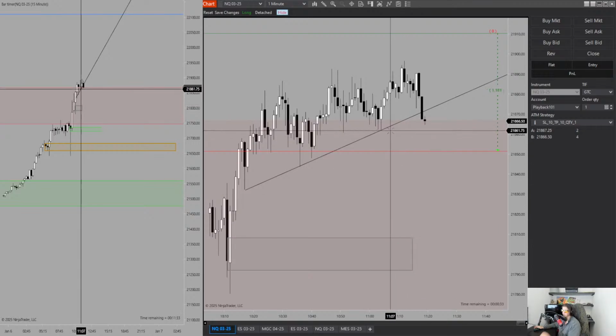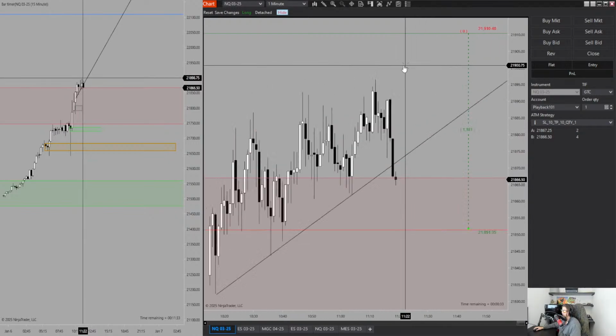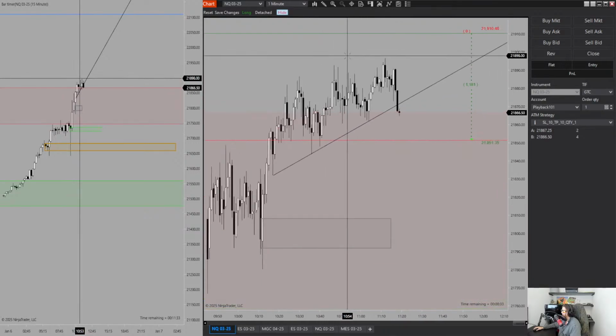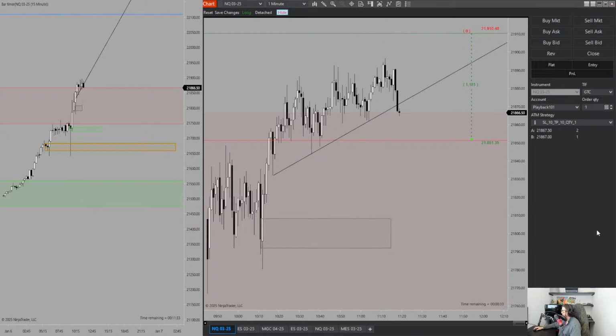Okay, if we could break this low, we could get a trade possibly. This did sweep liquidity. This low could hold. Yep, it did.